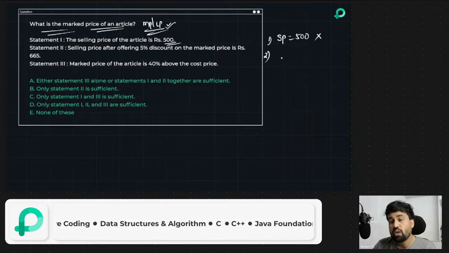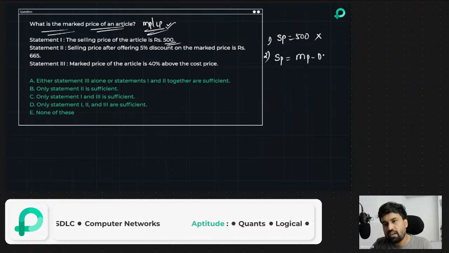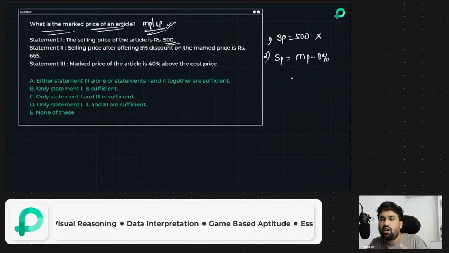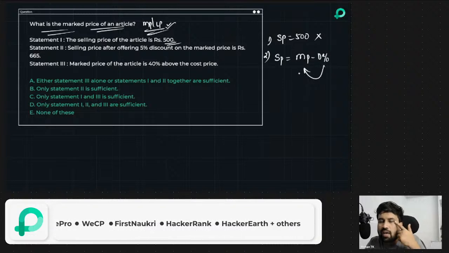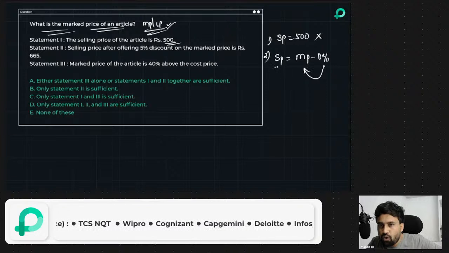Guys, carefully look here. Sorry, I will write it like this. I don't want to confuse you guys. Selling price is equal to market price minus discount. Am I right or not? For example, if you are selling a product to a customer, you will give some discount on the label price or market price. Am I right or not? So if you know the selling price, you can easily find the market price.